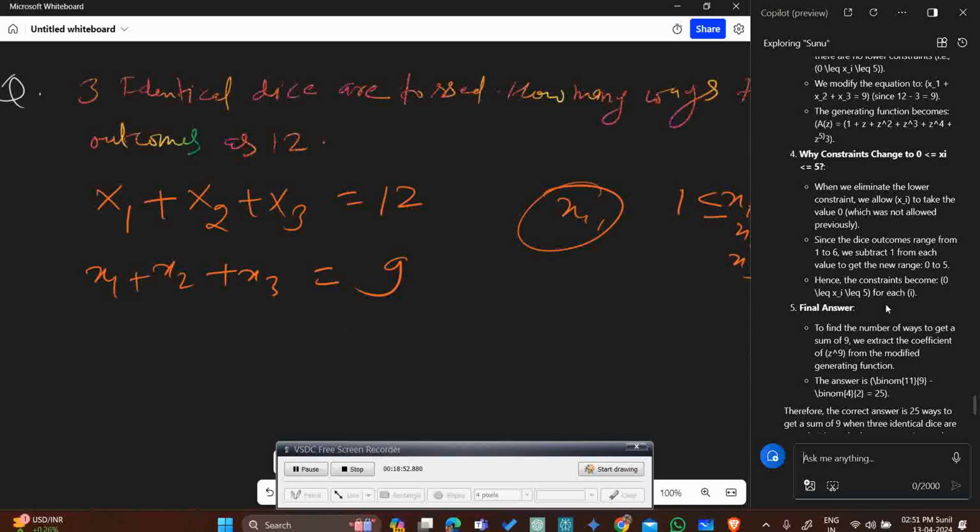And x0 plus x1 plus x2 plus x3 plus x4 plus x5, like this.